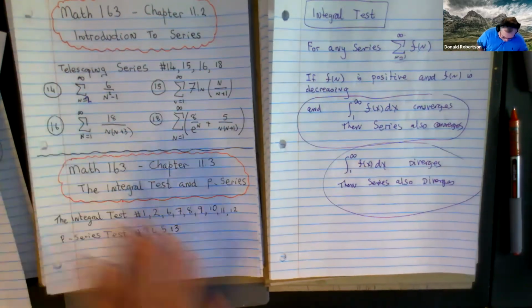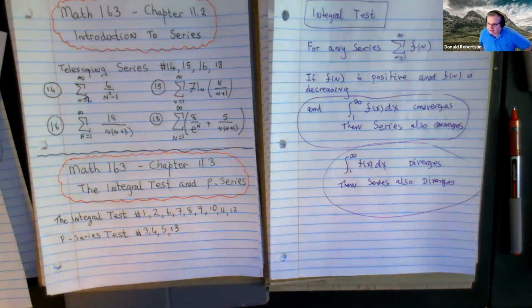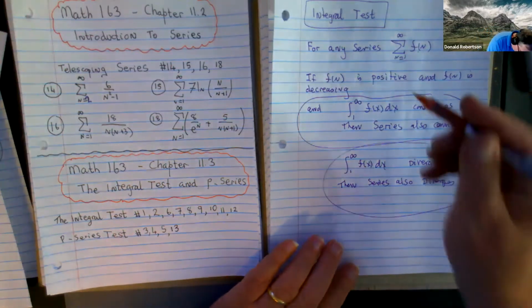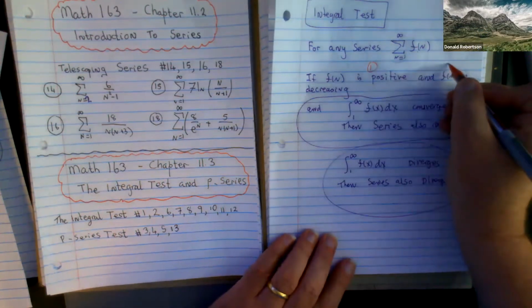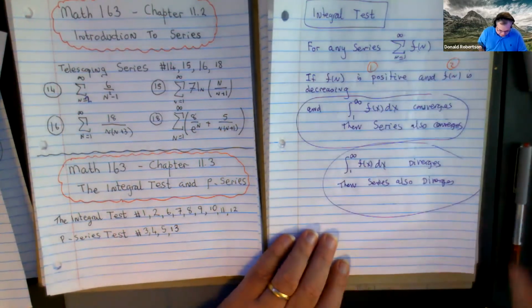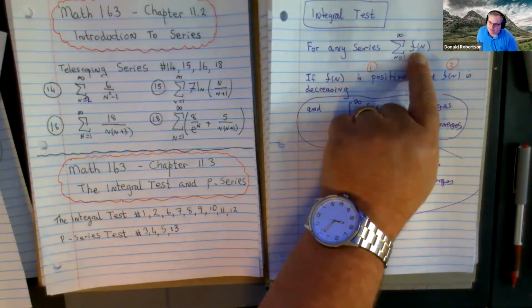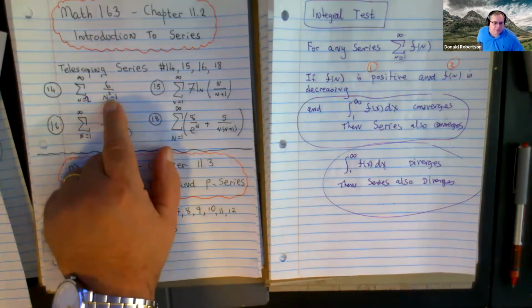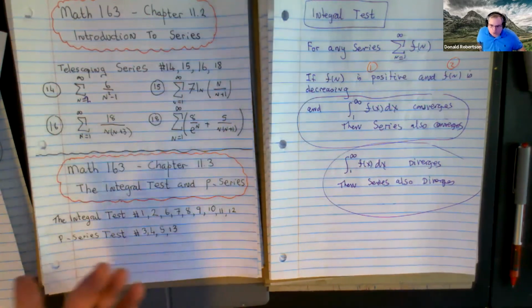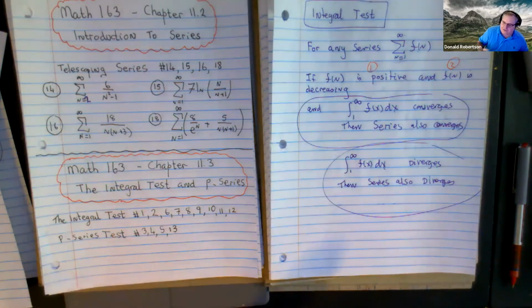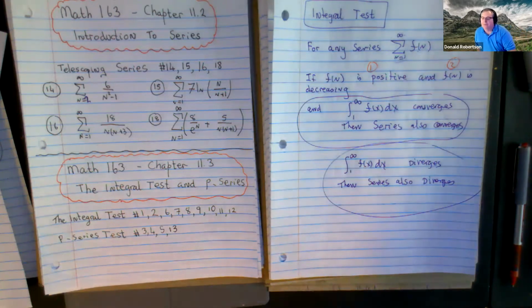The integral test requires an awful lot of work. You don't even do it unless these two conditions are met first. That guy must be positive, so the individual terms have all got to be positive. Second, it must be always decreasing.